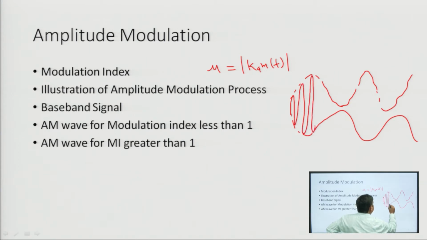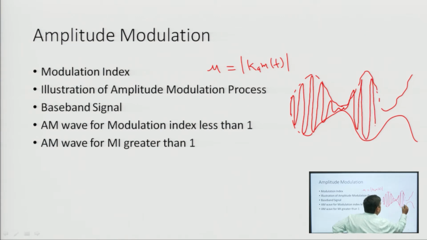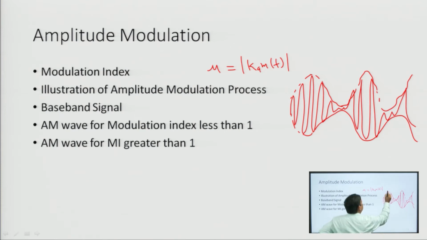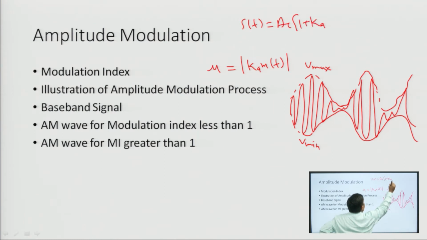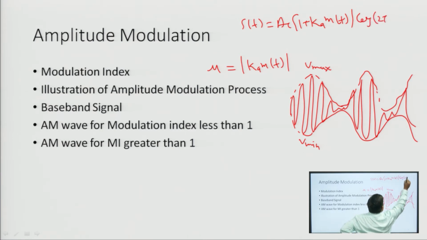This is the s(t) waveform, and so on. This peak is the V max, and this is the V min. s(t) was nothing but Ac (1 + ka m(t)) cos 2 pi fc t.